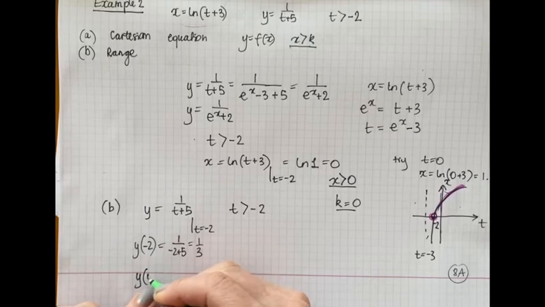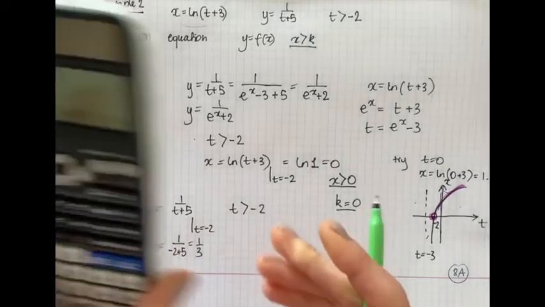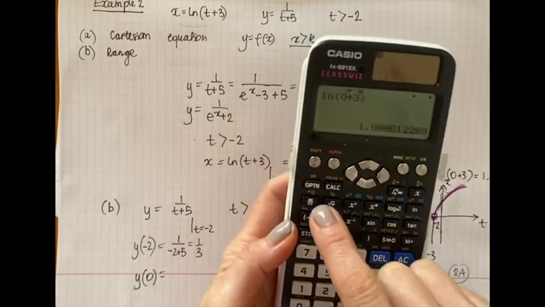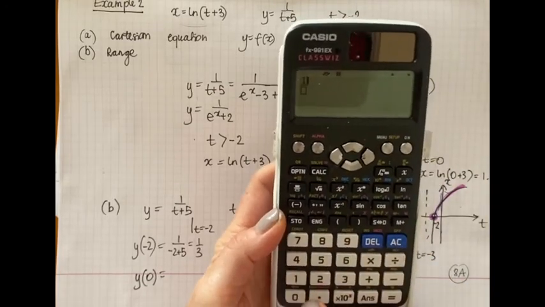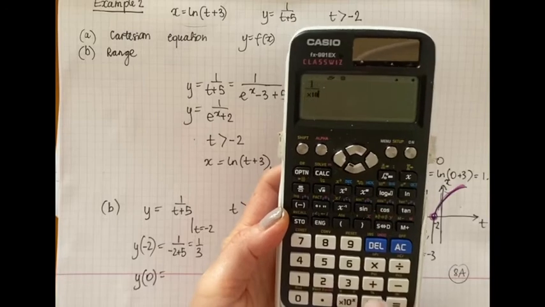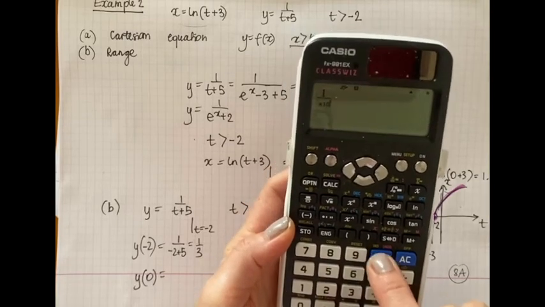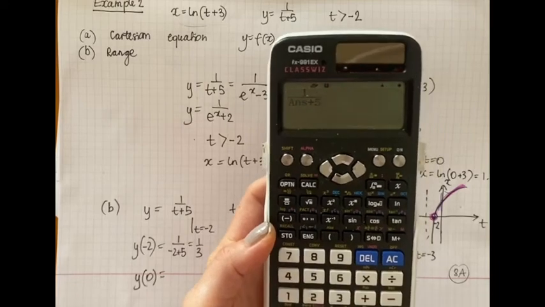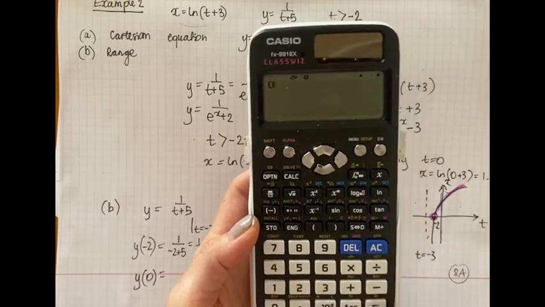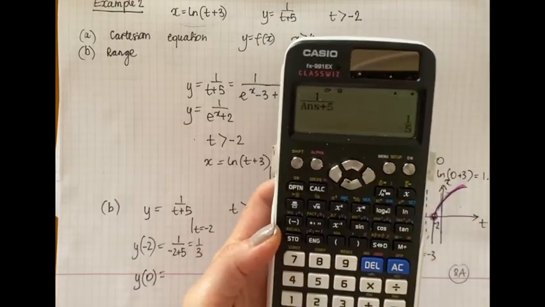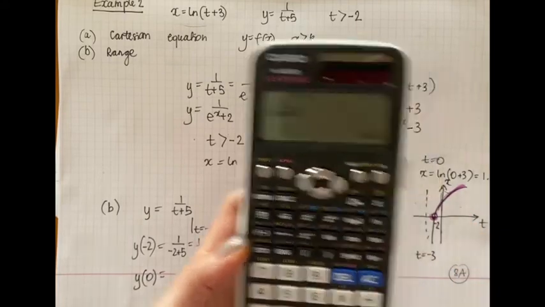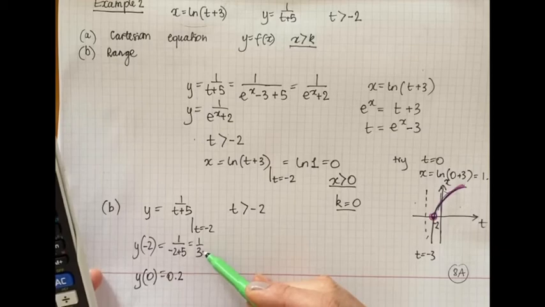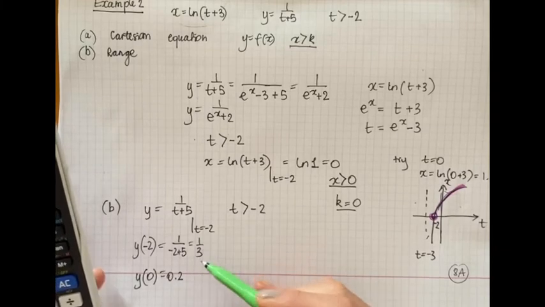So let's try 0. Y of 0, you put 1 over, and then ans plus 5. Let me just double check. The answer is going to be 0.2. Now 0.2, you can see, is smaller than 1/3.